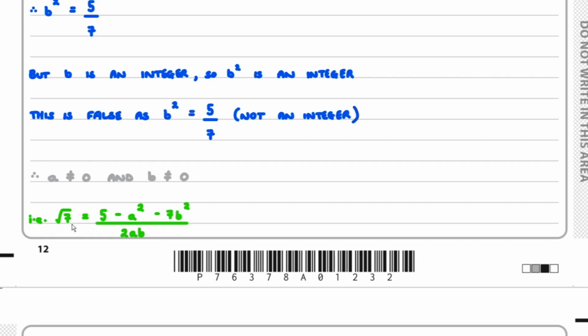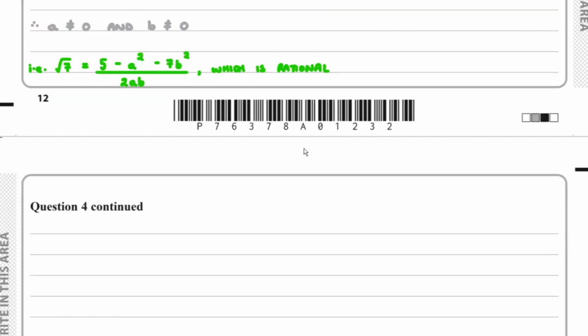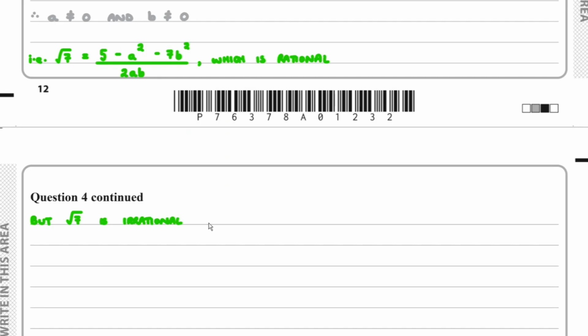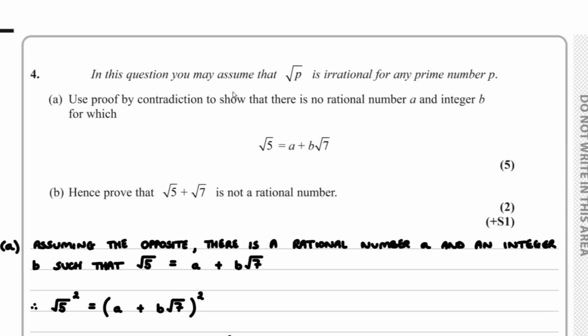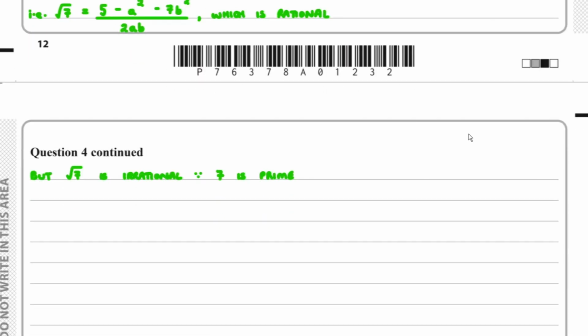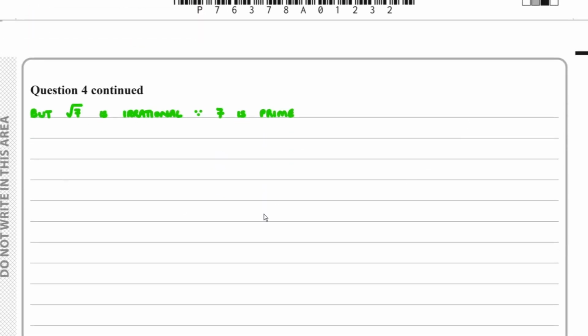So what we've just shown here is root 7, which is this result here, is rational. Now, can we have this being rational? Well, no, we can't, because root 7 is irrational, and that's because 7 is a prime. Again, we're using root p is irrational for any prime number p. So we've got contradictions over here.